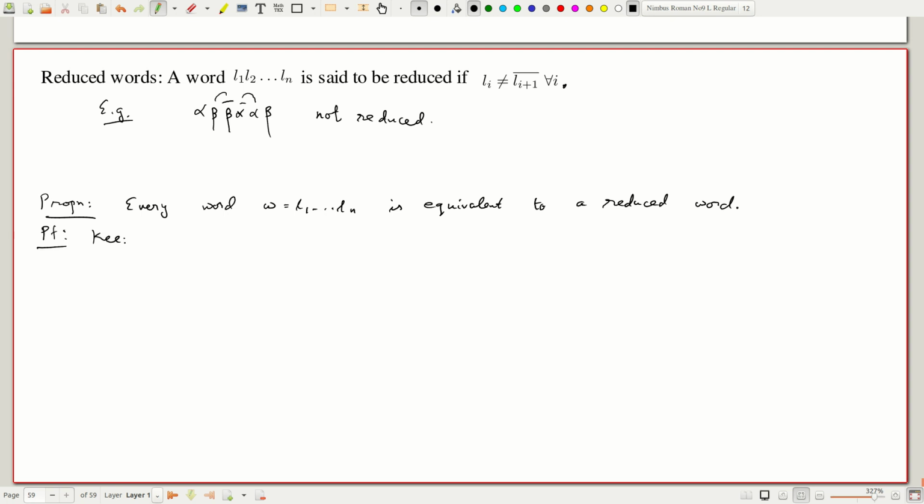If it's not a reduced word, then there is a pair adjacent to each other which are inverses of each other, so I can keep cancelling. For example, here I could cancel alpha and alpha bar. I could cancel these two and I'll get alpha beta bar, and so these two got cancelled, and then beta, and then I can further cancel these two, beta and beta bar, and then I just get alpha beta. So this is a reduced word, and these are all equivalent to it.